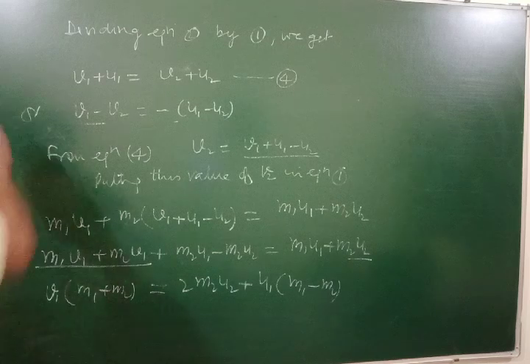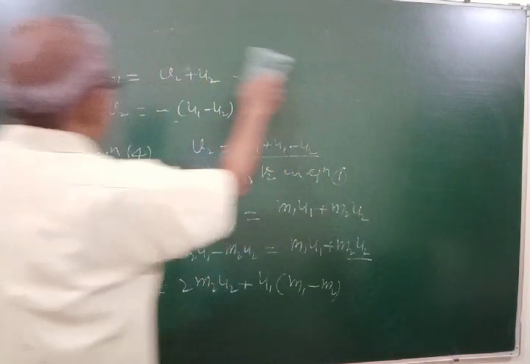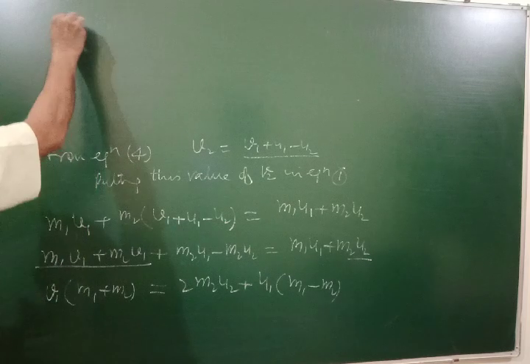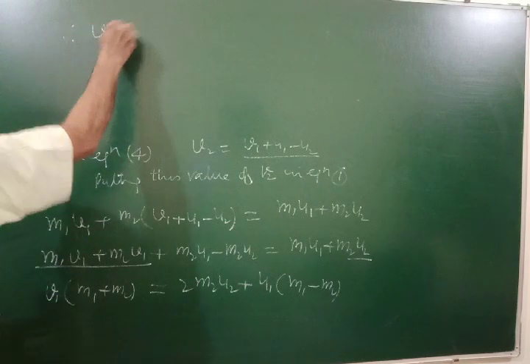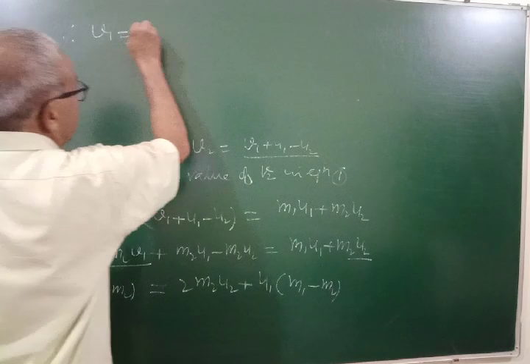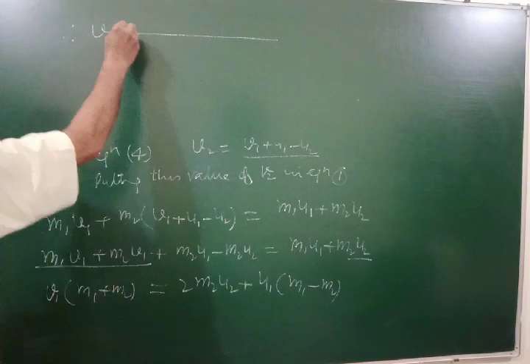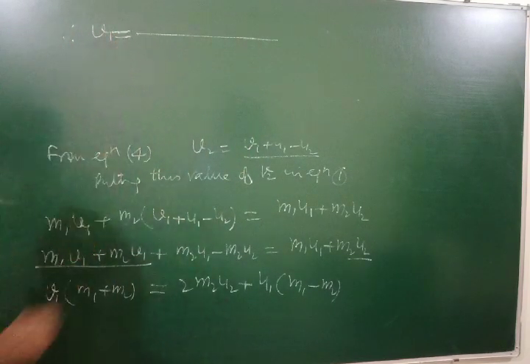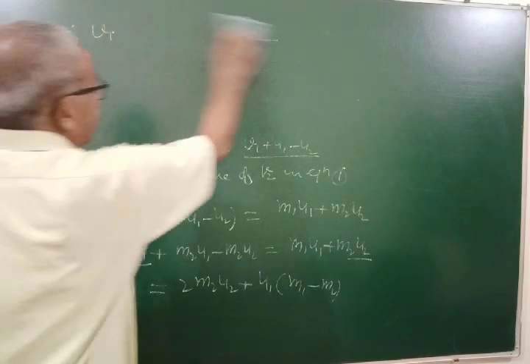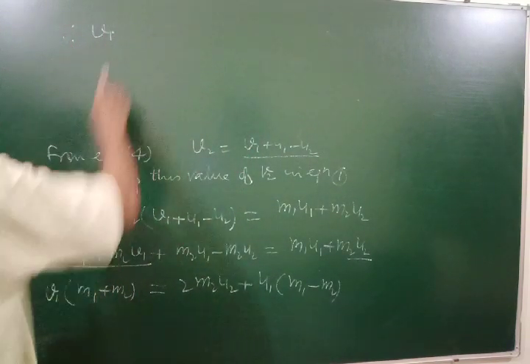And hence V1 is equal to 2 m2 u2 plus u1 bracket m1 minus m2, upon m1 plus m2. This is equation 5. The fraction line should be exactly before this equal sign, but students are not in the habit of writing like this.